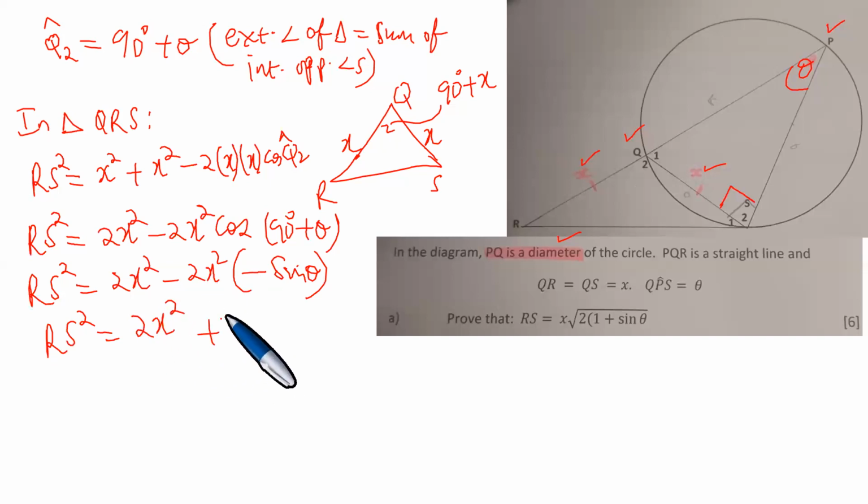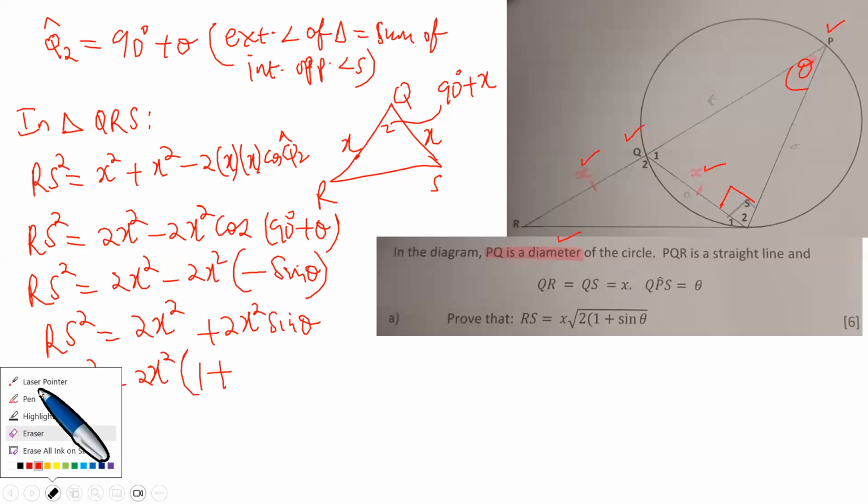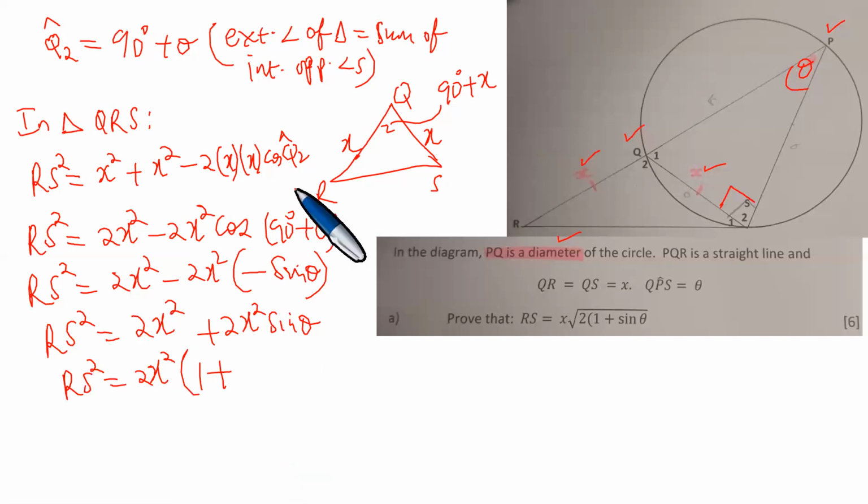Negative by negative gives us plus twice X squared, the sine of the angle theta, from which we're able to obtain, by factoring out 2 X squared as a common factor, 1 plus the trigonometric sine of theta, from which we're able to achieve a couple of things.